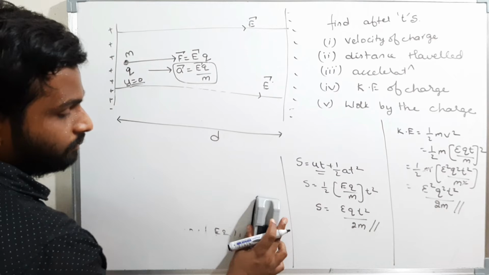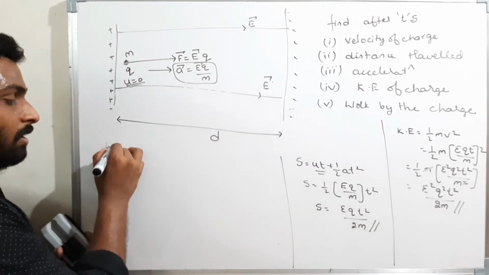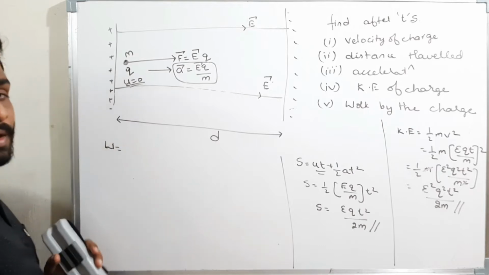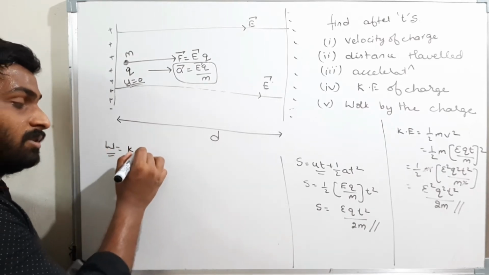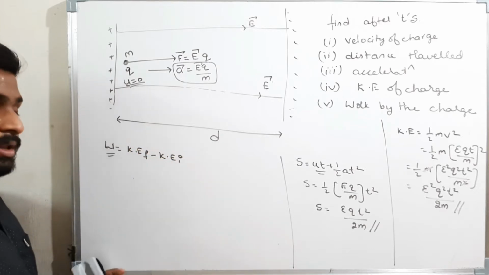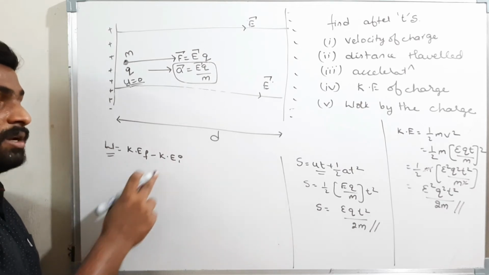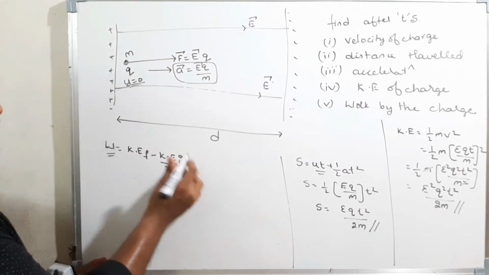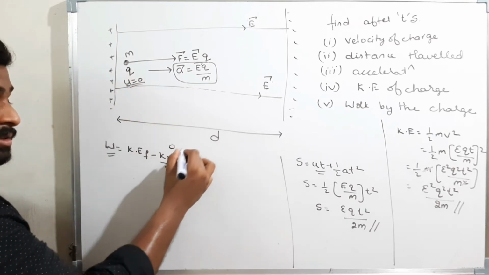Now see here. Now next one, the work done. What is the work done? According to the work energy theorem, the work done is nothing but the kinetic energy final minus kinetic energy initial. The work done is nothing but a change in the kinetic energy. What is the kinetic energy initial? Initial velocity is 0, therefore kinetic energy is 0.